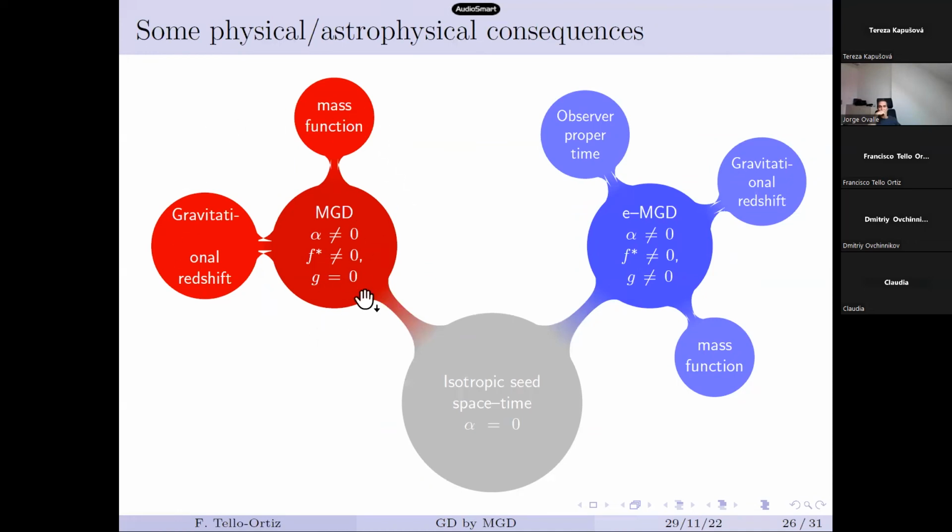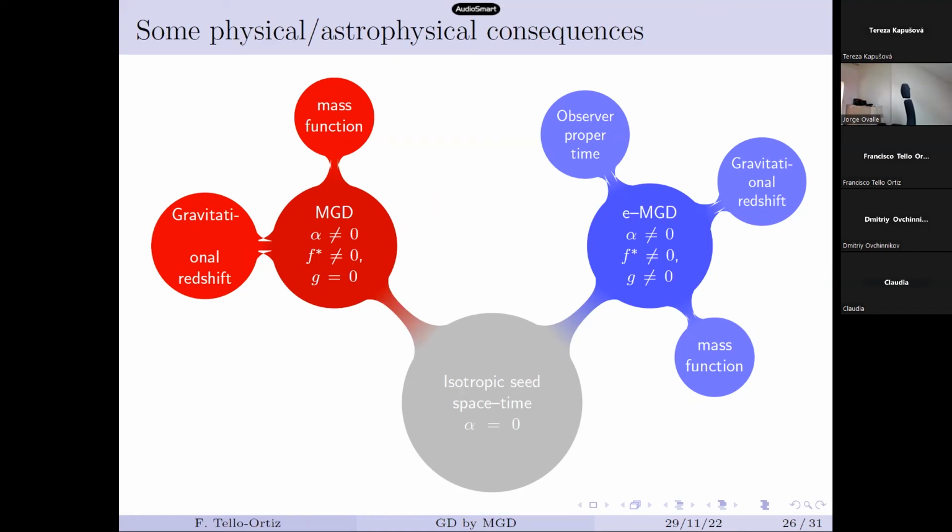On the red ball, you have minimal geometric deformation, which means f star, g is equal to 0 and f star is not equal to 0. The main consequence from the theoretical, physical, astrophysical point of view, for example, if you are studying a compact star, is that you are changing the mass function and consequently you are changing the gravitational redshift.